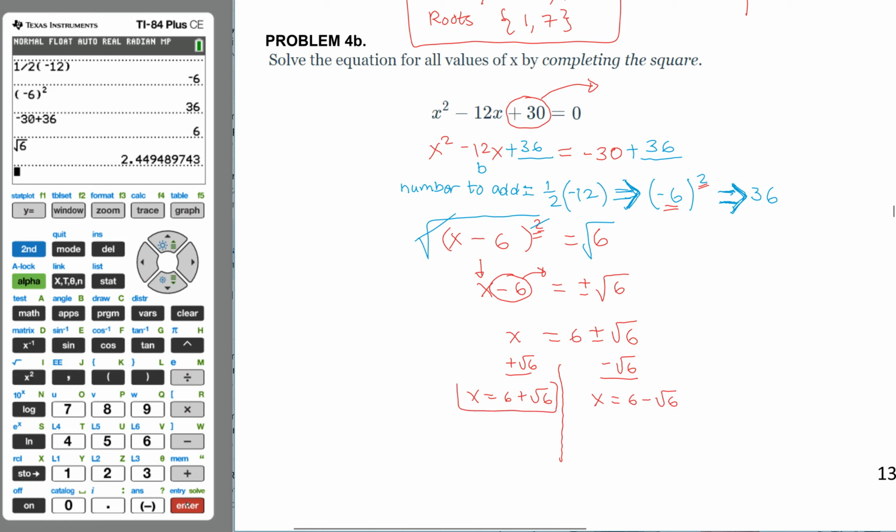So these would be the two split solutions. Or you can write your final answer as, my solution or my roots would be x equals 6 plus minus square root of 6.